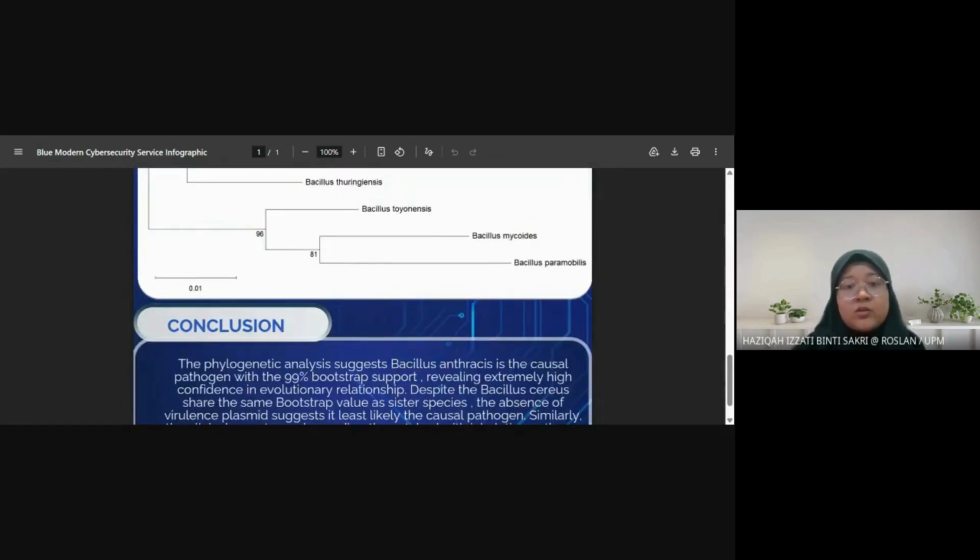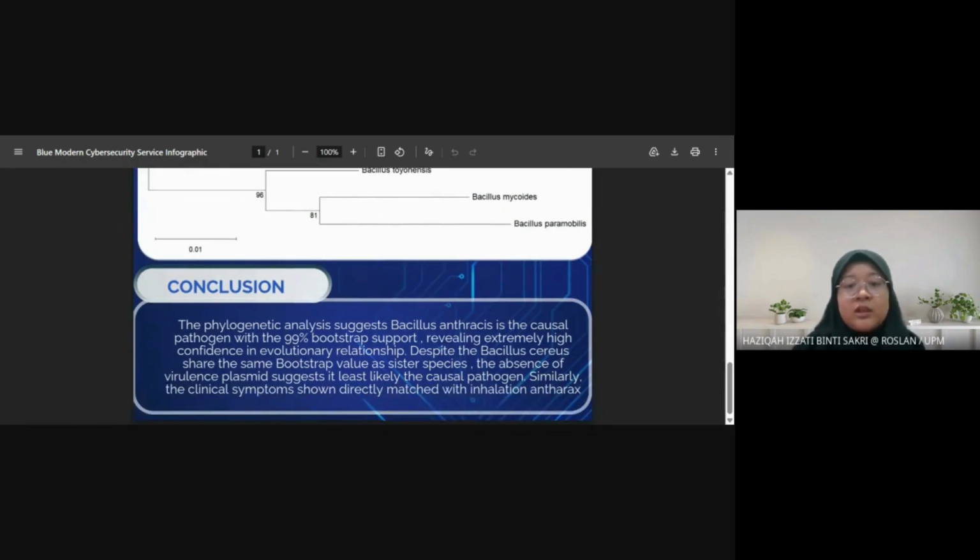What we can conclude from the phylogenetic tree is that the analysis suggests Bacillus anthracis is the causal pathogen with a 99% bootstrap support, revealing an extremely high confidence in the evolutionary relationship, despite Bacillus cereus sharing the same bootstrap value as a sister species.